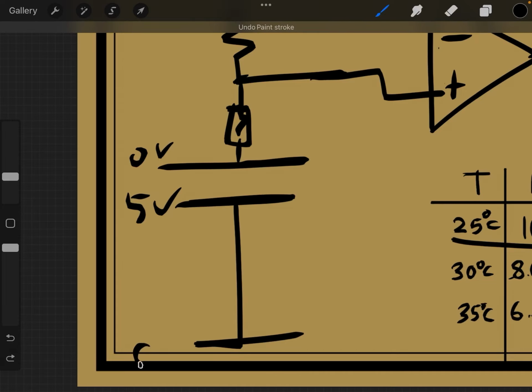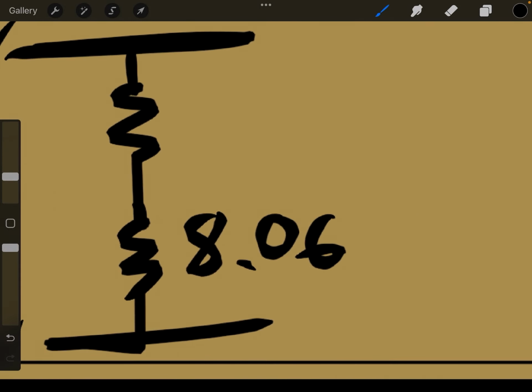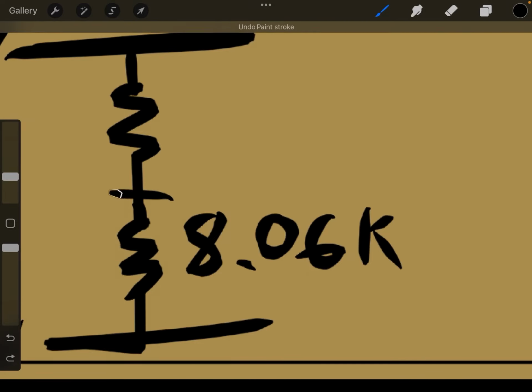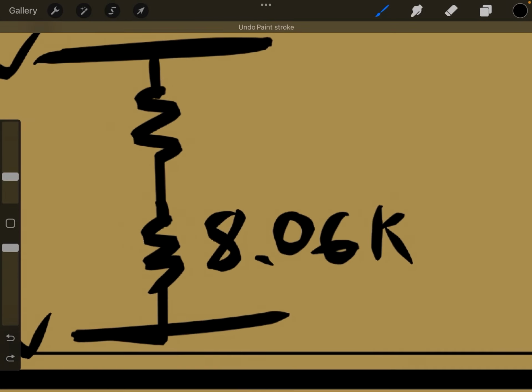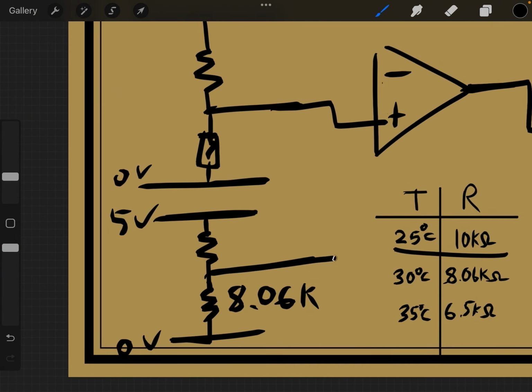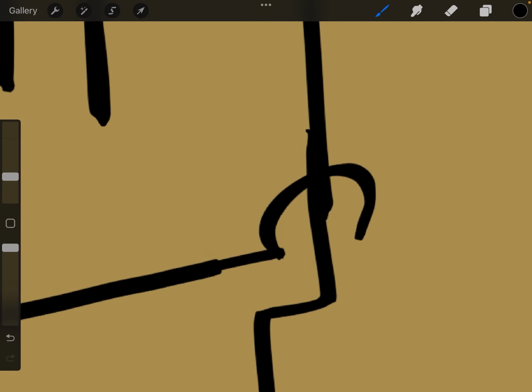So 5V, 0V, with a 10K resistor and an 8.06K resistor, as though that was our thermistor, but it's not. But it sort of represents our thermistor at 30 degrees, and the voltage that comes from this voltage divider is going to be the voltage that this thermistor will be at 30 degrees.